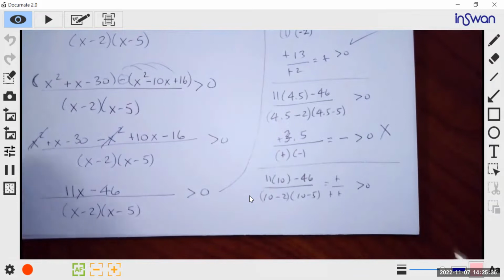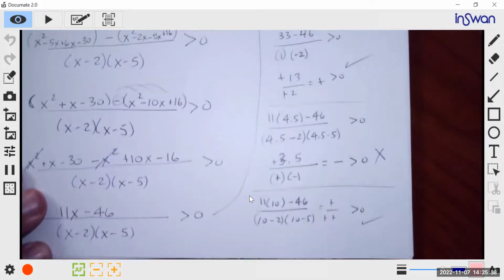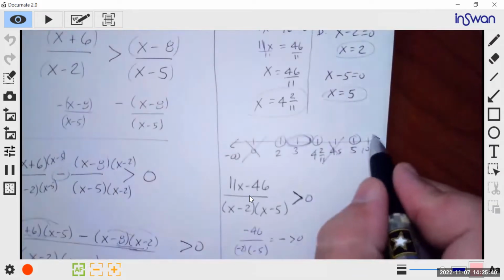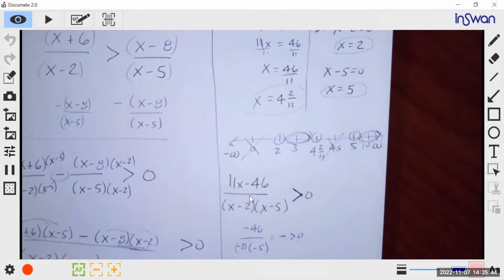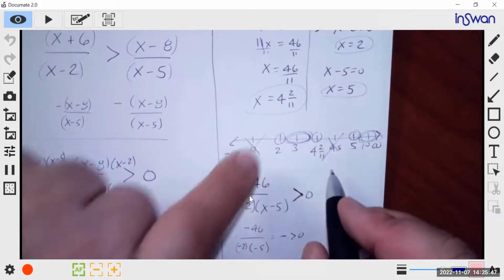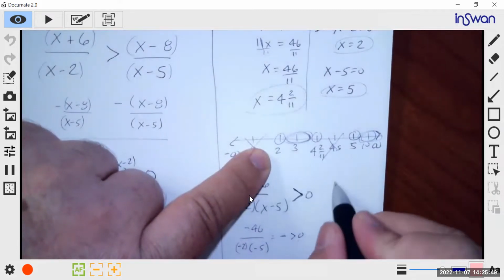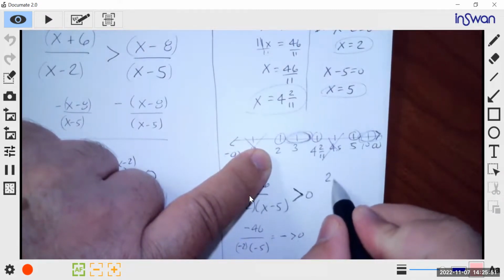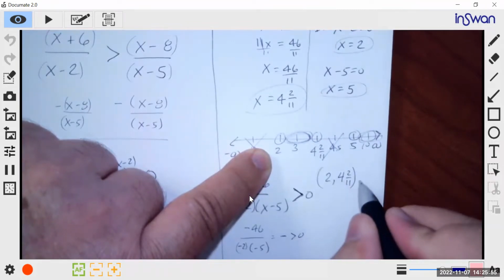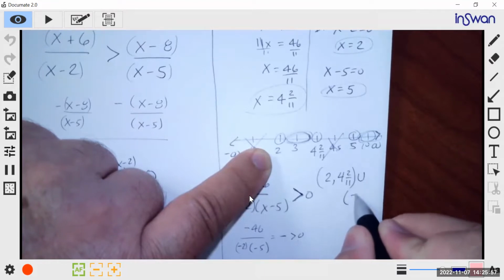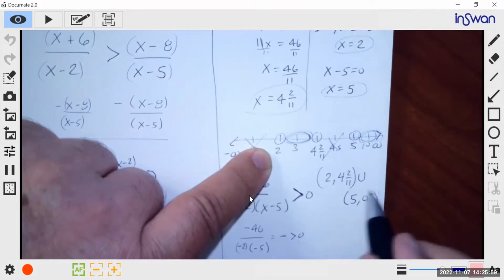It's greater than 0, so it works. So what's my solution? My critical values are 2, 4 and 2/11ths. Those are parentheses. Union 5 to infinity. So that's my answer.